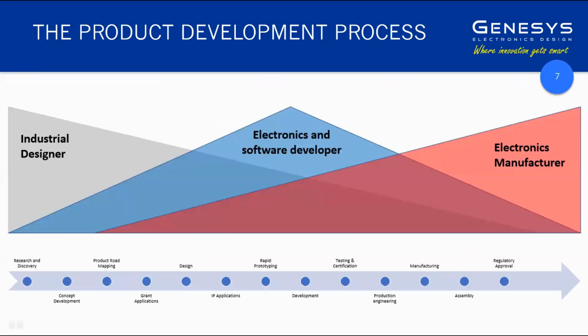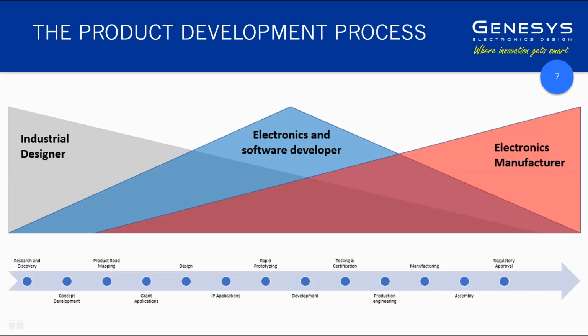Okay, so just to give you a sense of how the product development process works for active medical devices, generally speaking, at least from our perspective, there are three key players that work very, very closely together. That's the industrial designer up front, and we'll talk a little bit more about what they do later on, but they essentially conceptualize what the device would look like and how it would work.